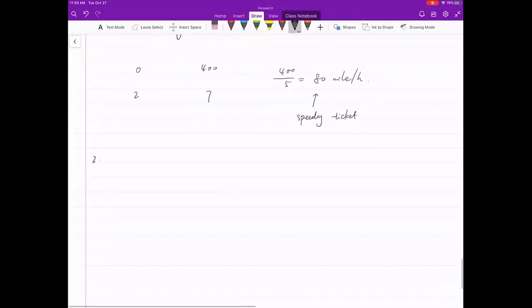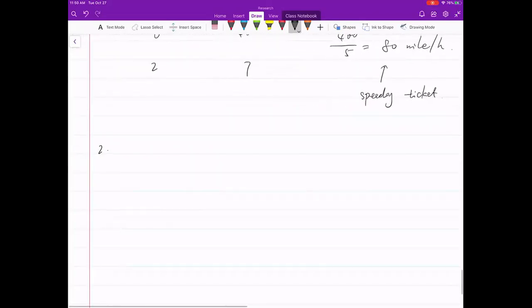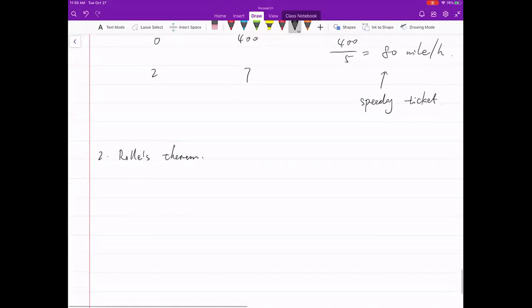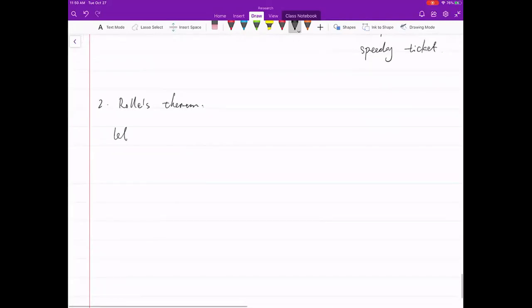Well, to go over the proof carefully, we need to use something called Rolle's theorem, R-O-L-L-E. What does it say? Well, very similar. Let F satisfy... Actually, you know what?